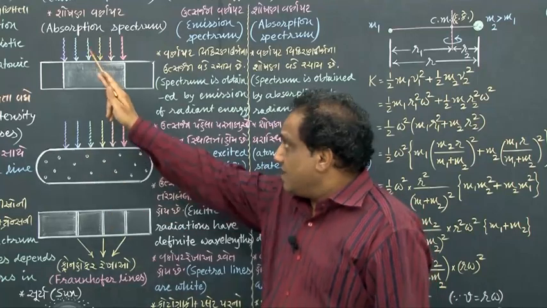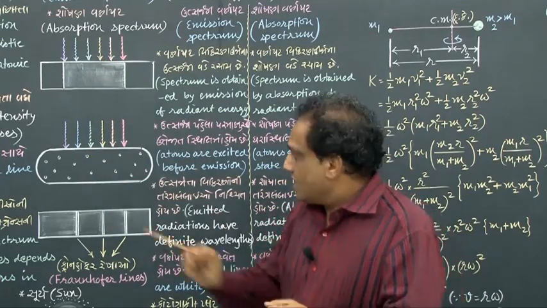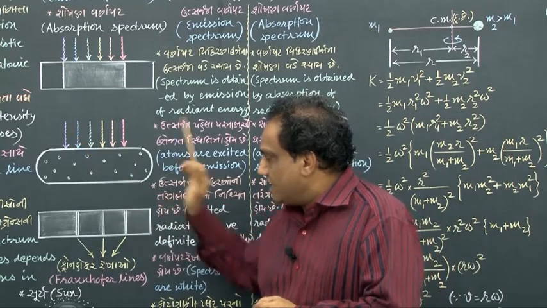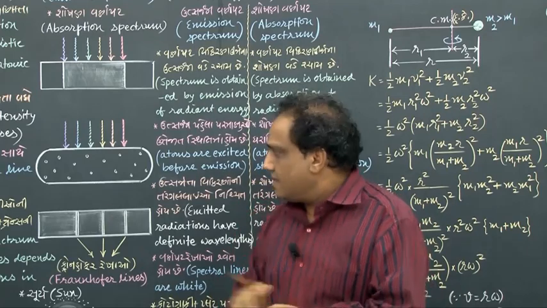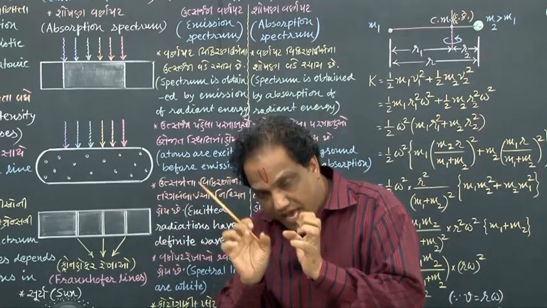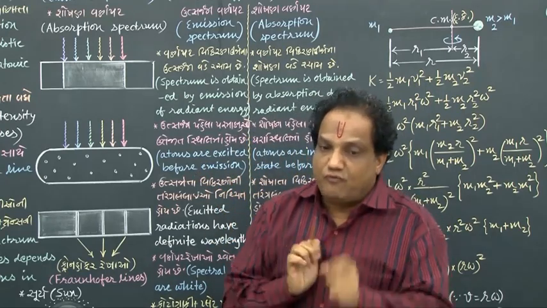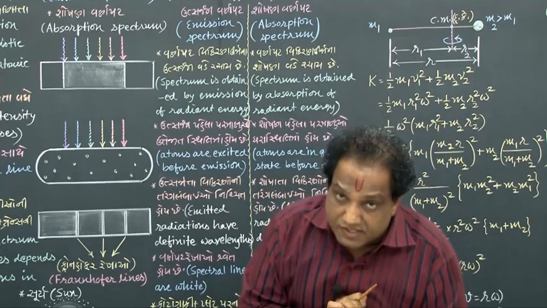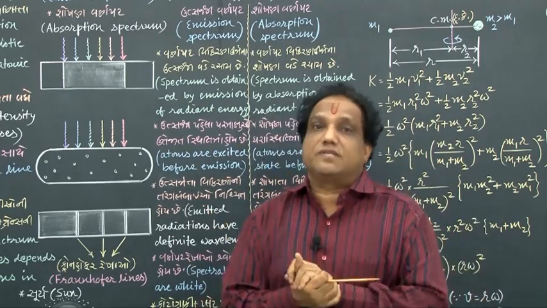Okay, the same radiation is made incident here. You know what happens now? Out of these many radiations of different wavelengths, it so happens that these atoms absorb only certain specific radiations with specific wavelengths, and they do not absorb the remaining radiations.